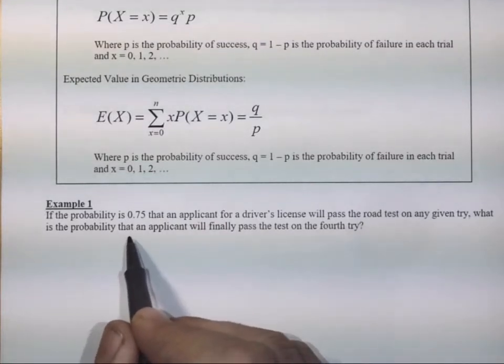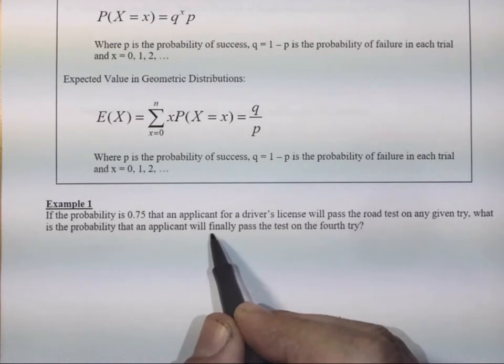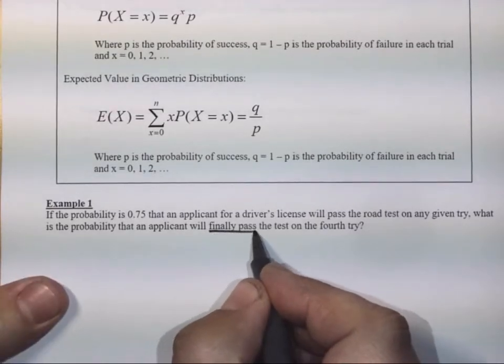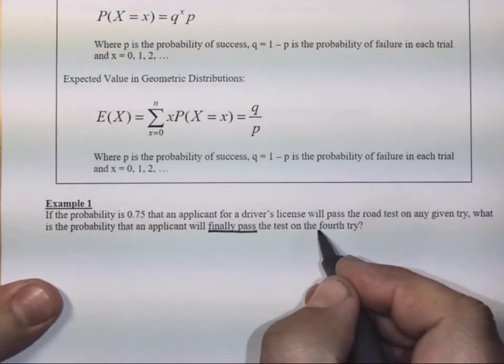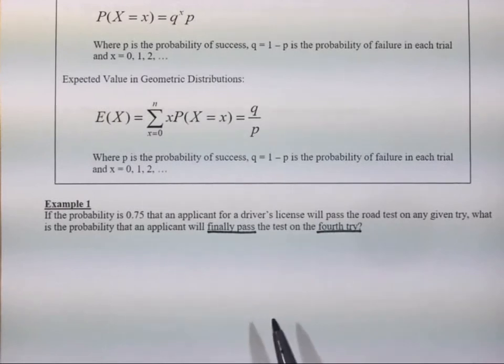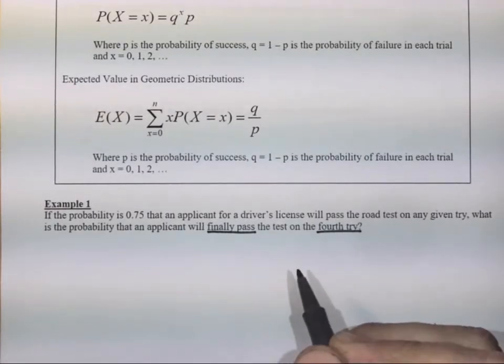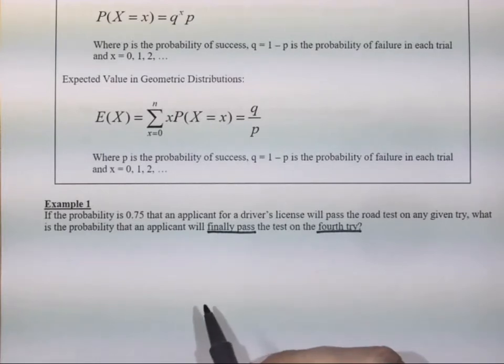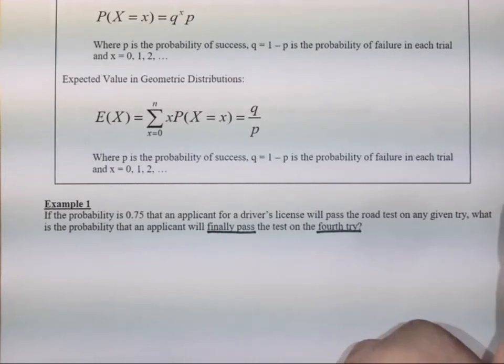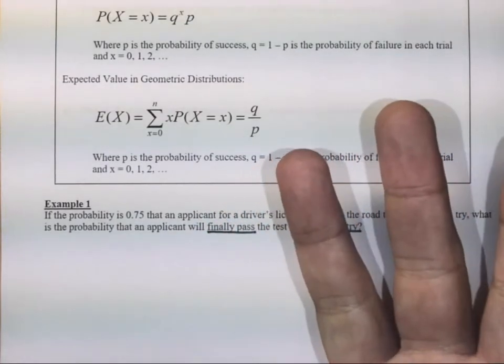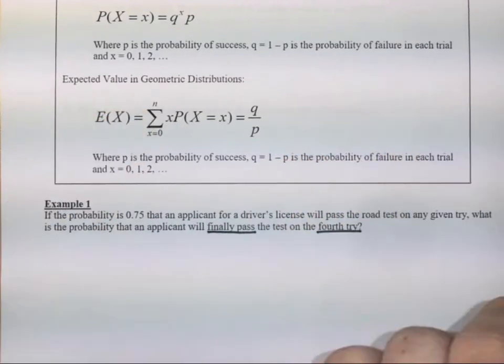What is the probability that an applicant will finally pass the test on the 4th try? Well, if they finally pass the test on the 4th try, what must that have meant for the first 3 tries? You guessed it, they failed the first 3 tries and they finally passed on the 4th one.